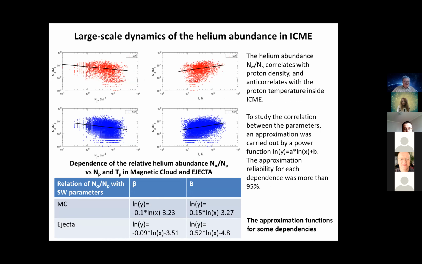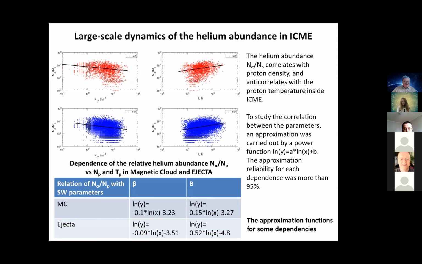This slide shows similar histograms for proton density and temperature. By definition, the relative content of helium is inversely proportional to the proton density, and the dependence is obviously decreasing. The helium abundance increases with increasing temperature.